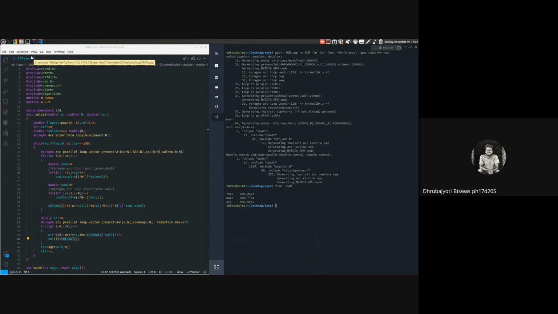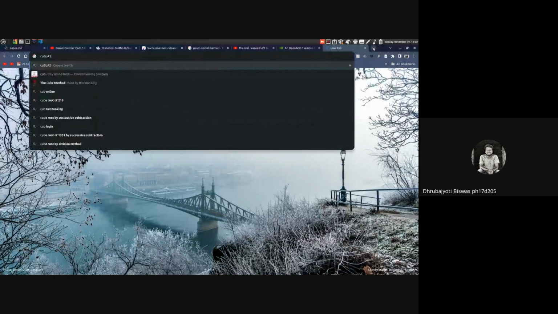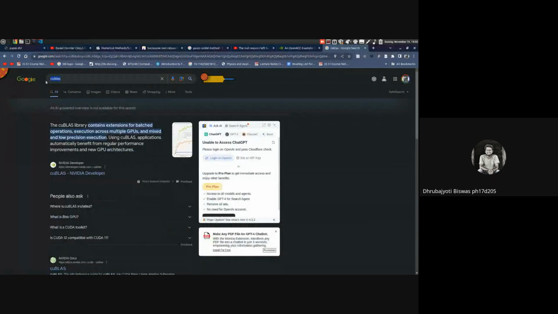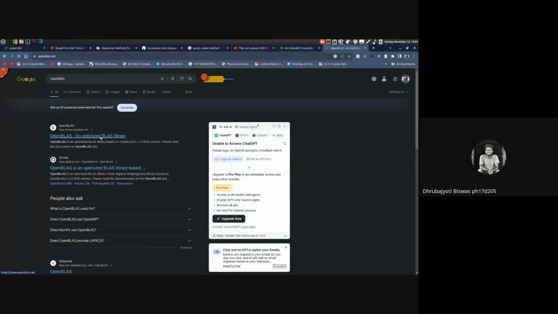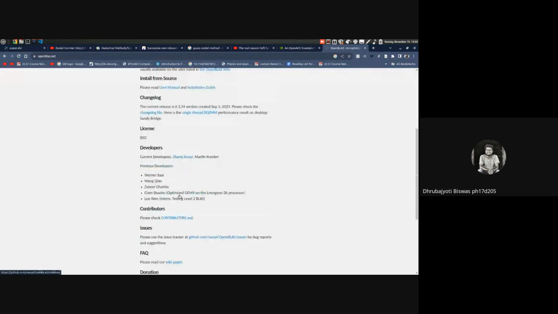All these things, equation solving, matrix multiplication, everything is actually available in some BLAS library. Maybe I will show that so that you know what to look for. There is something called cuBLAS, though maybe cuBLAS can come later. You can look at OpenBLAS if you are just doing CPU programming. These are not only available for GPU, but also for CPU as well.